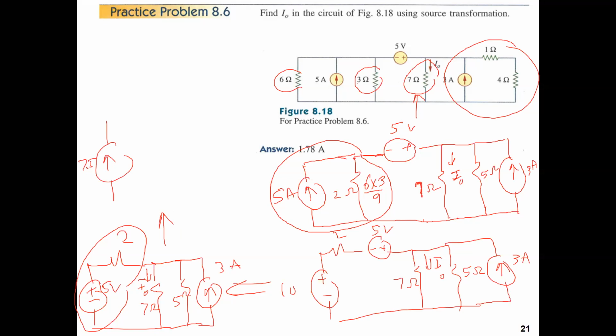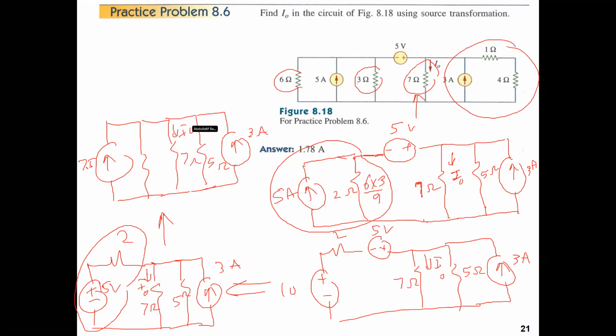And then we have the 2 ohm resistor and the 7 and the 3 and the 5. So this is the 5 current source, sorry, the 3 amps, and the 5 ohms, and the 7 ohms, and the I0 and the 2.